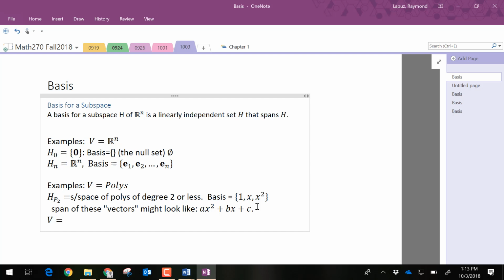So if we're talking about the entire vector space, the basis would probably look like 1, x, x squared, x cubed, dot, dot, dot. We go on forever.